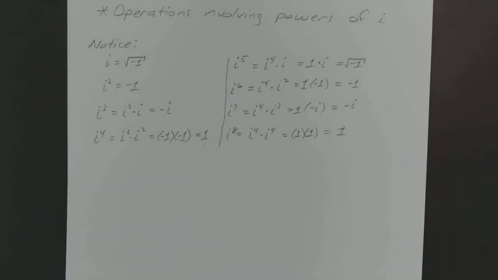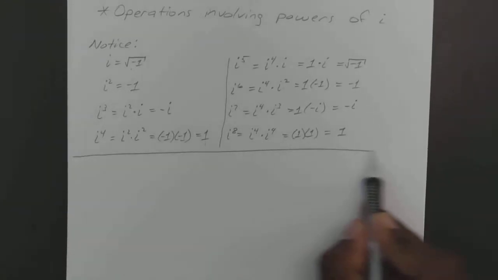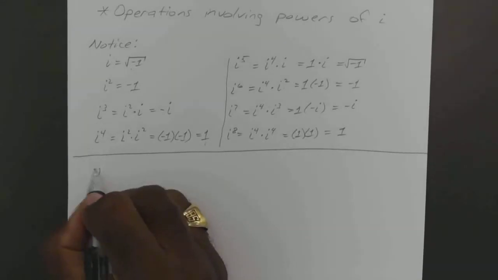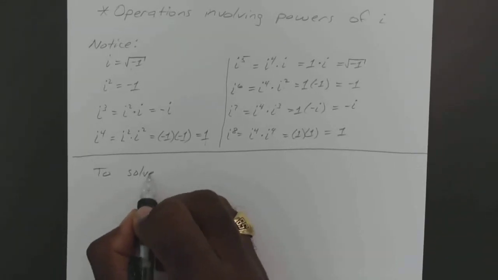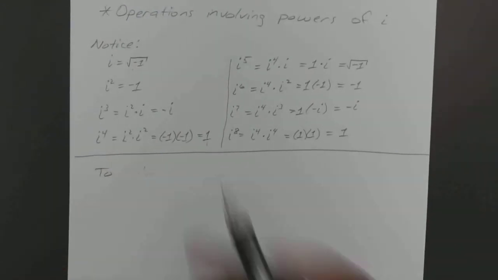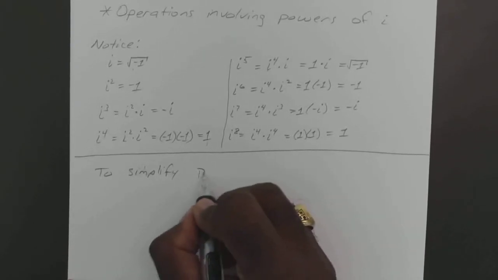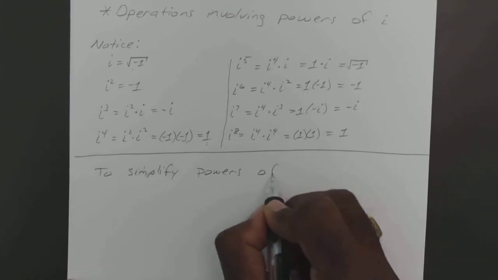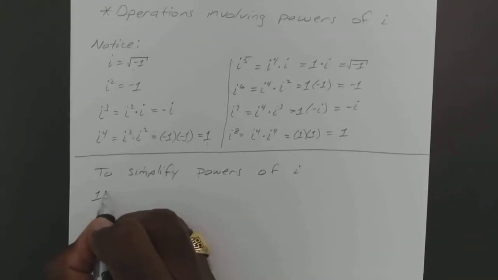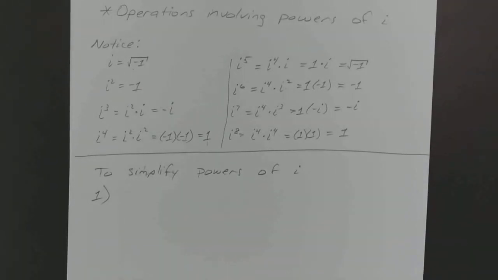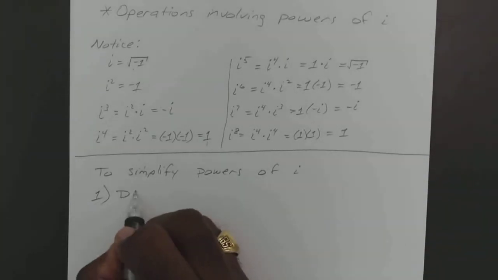Okay. So knowing we have that same pattern, I guess you could say a cycle of 4, we're going to figure out how to find those high-level powers of I. So to not really solve, you're more simplifying. To simplify powers of I, the first thing you want to do is you want to divide that exponent by 4.